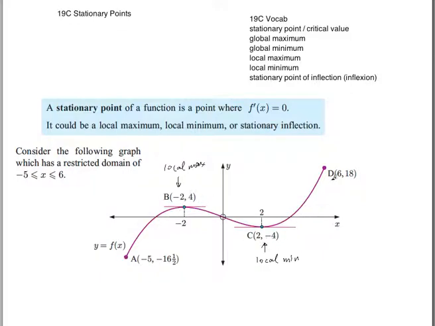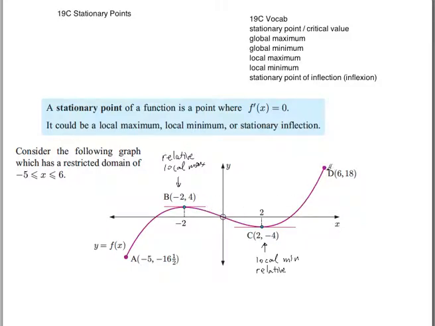This is restricted on the domain from -5 to 6. So this right here is called a local maximum. Also, in some books, you might see it called a relative maximum, or a relative minimum. But our book goes by local maximum, so just be aware of this other term.